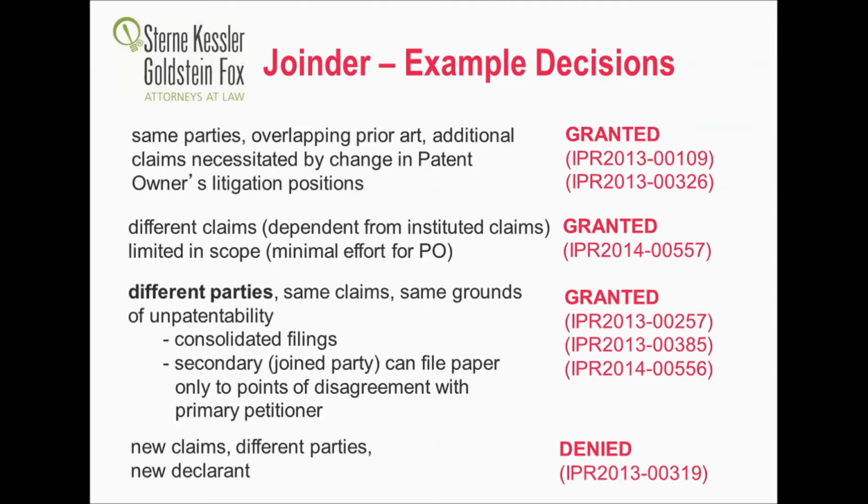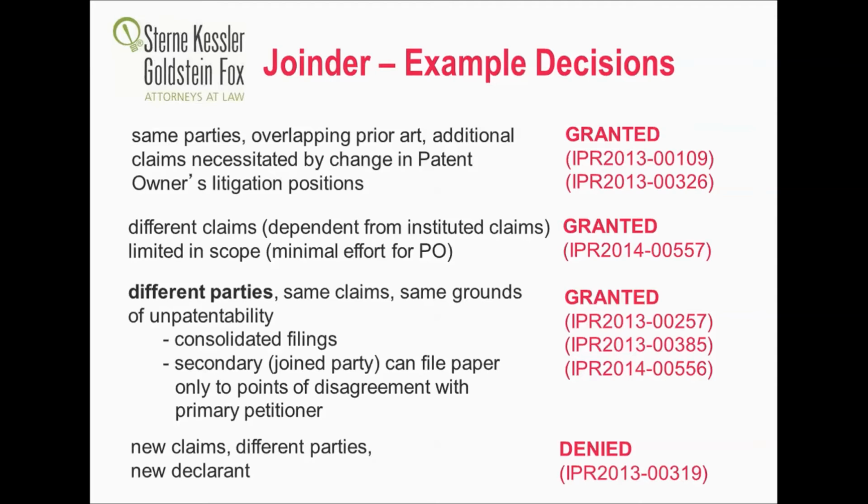So let's step through the next 3 or 4 slides. We'll step through the motion to amend. So the first thing to recognize, and perhaps the most important thing to recognize, is that the patent owner has a very heavy burden of proof.